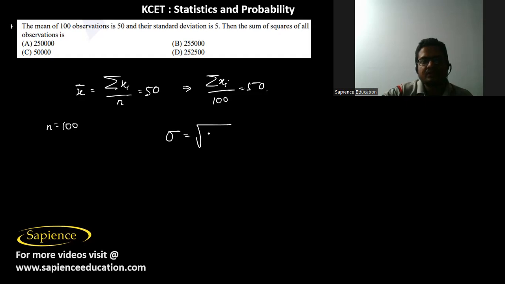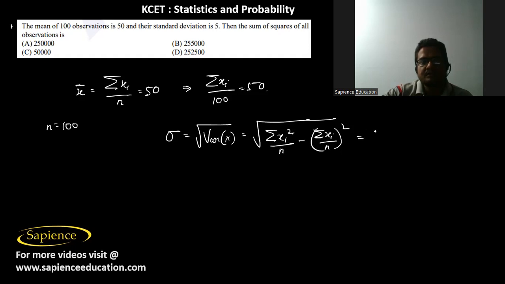that is equal to the square root of the variance of x, and variance is given as the mean of the squares of the observations minus the square of the mean. So that is given as 5. Therefore this is summation xi square by n. Here we have to find the sum of the squares of all the observations, means summation xi square, that is being asked.